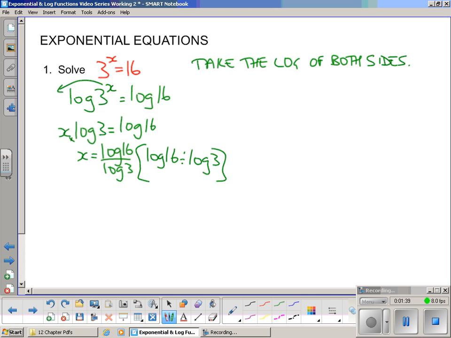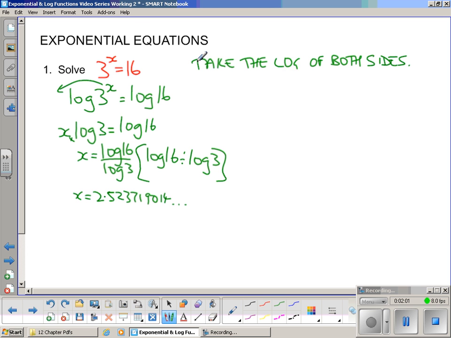We'll press equals and we'll get a decimal here. Let's write the full version of the decimal. And the question might ask us to round off however we see fit. But that's the x value that we get from that.